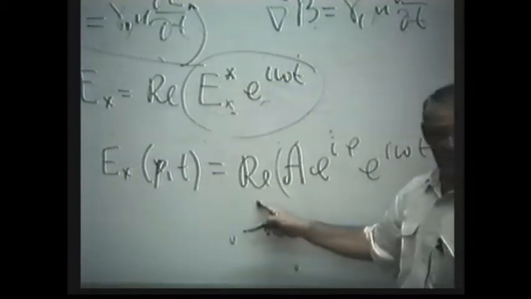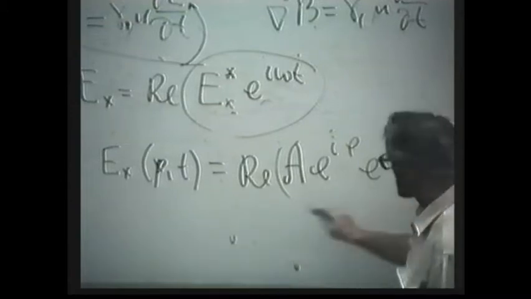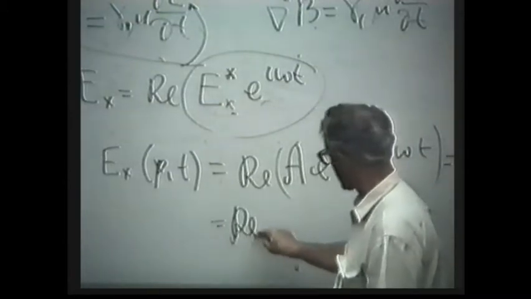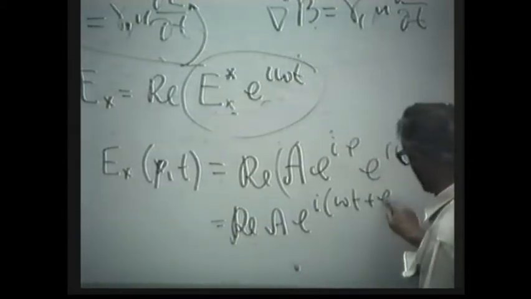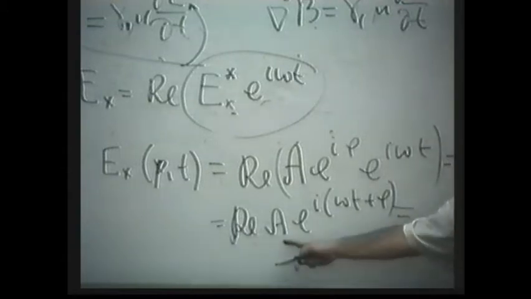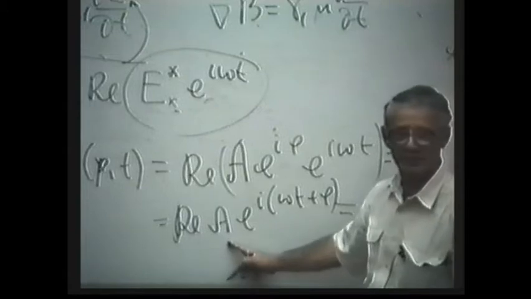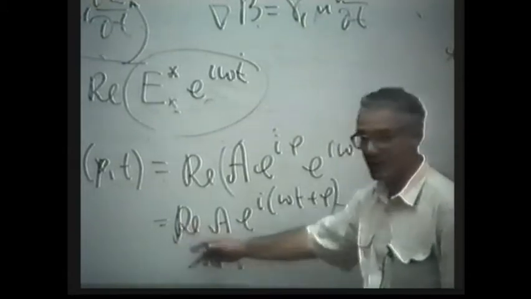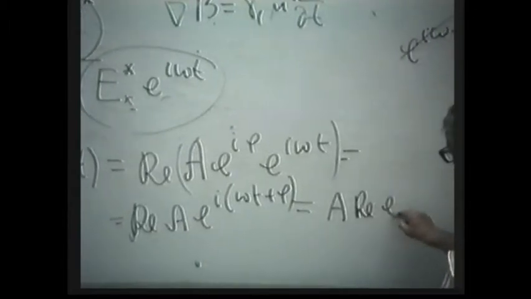What is written here? We take the real part of this number. What is the real part of this number? Real part of A e to the i (omega t plus phi). Can you help me to find the real part of this number? Euler formula. A is a real number, so let us take it out. A times the real part of e to the i (omega t plus phi).